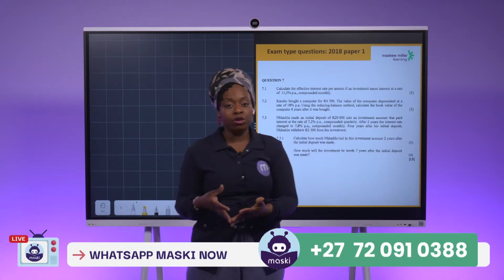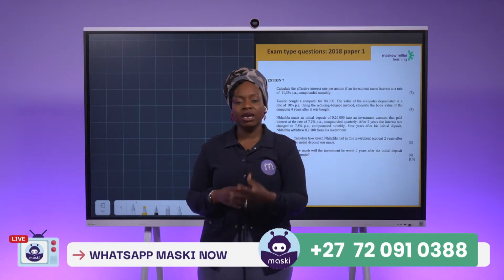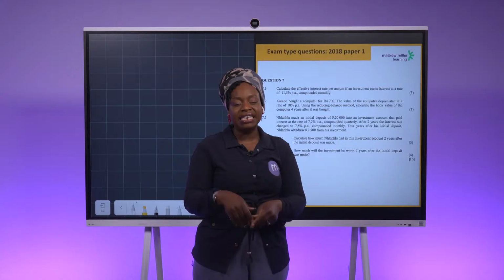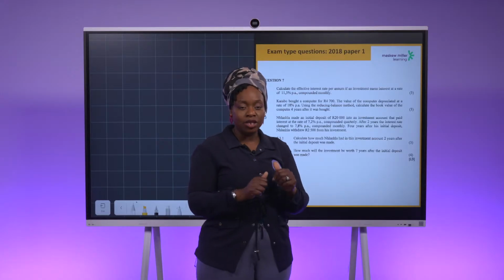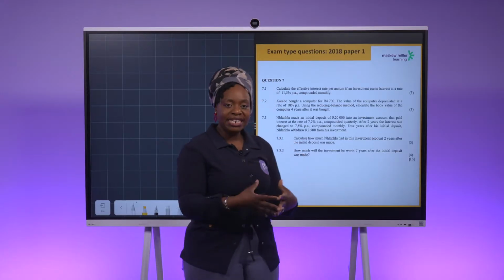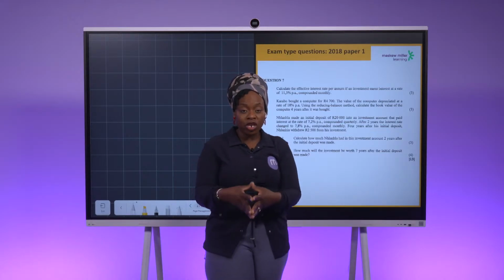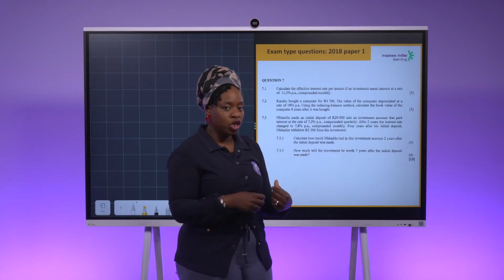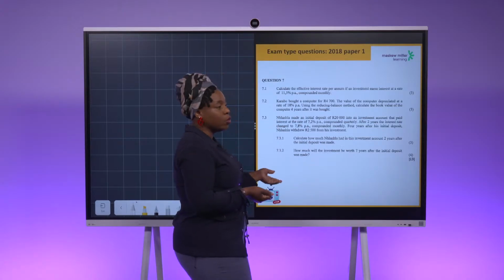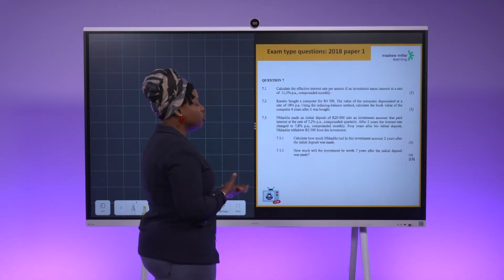It should be able to do that. But if you can't, because this is grade 11, you can go to the DBE website and find it. Or just Google 2018 Mathematics Paper 1 question paper and it will give you this question paper. Otherwise, we have the question with us here and we can just do it together.